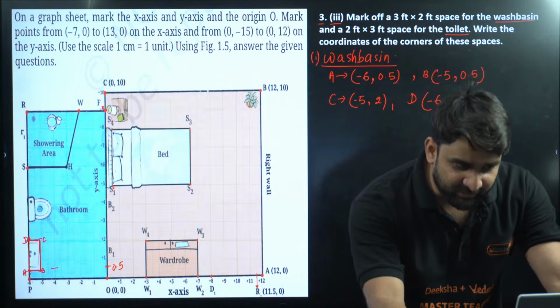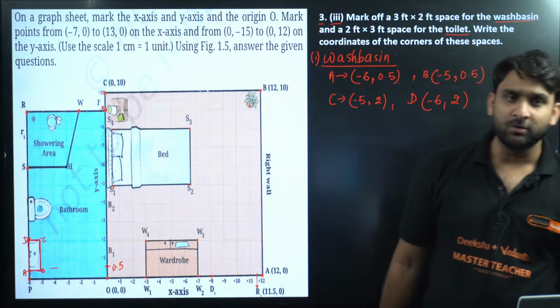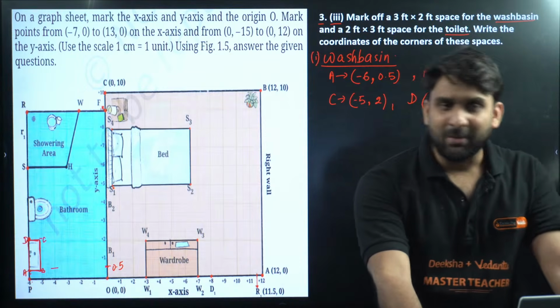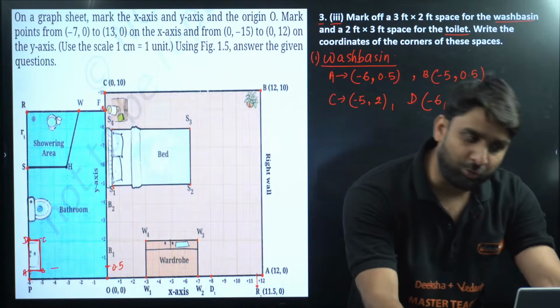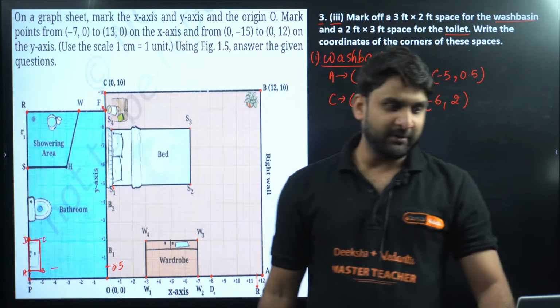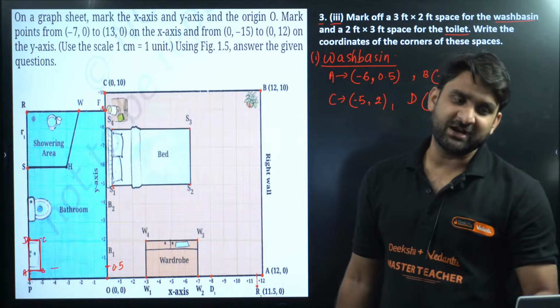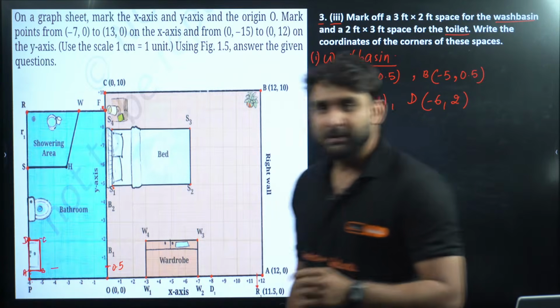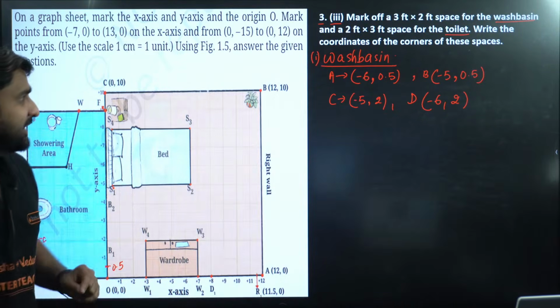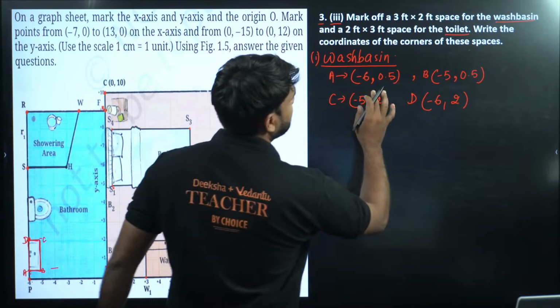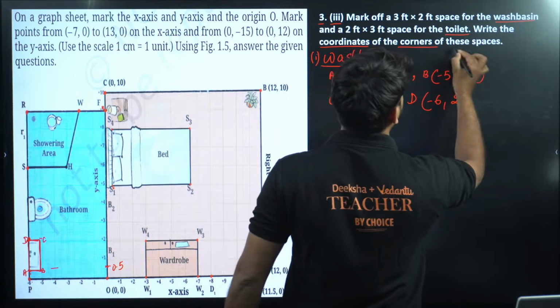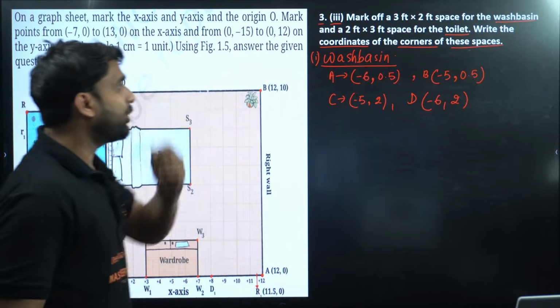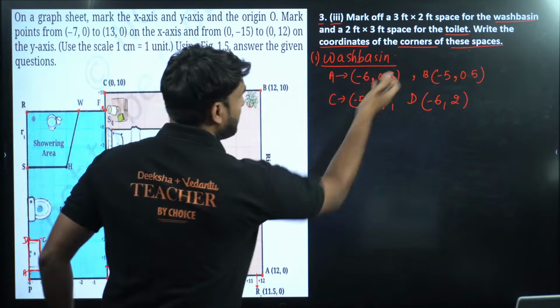Is it clear to everyone? -6, 2, -5, 2, -5, 0.5, and of course -6, 0.5. Please write in the chat section if it is clear. Yes sir, clear. So the question was asking to write down the coordinates of the corners of these spaces, I mean for the vast basin.